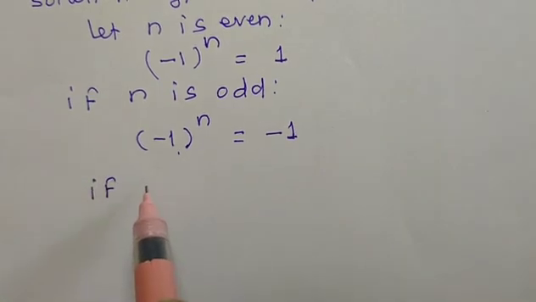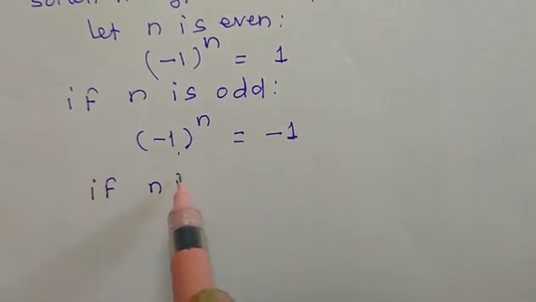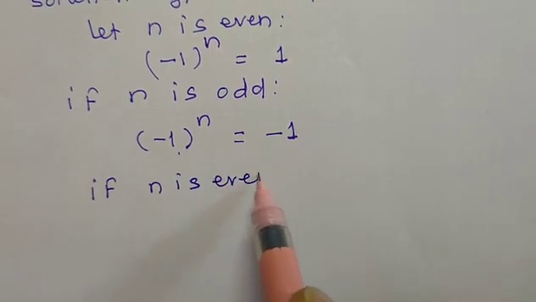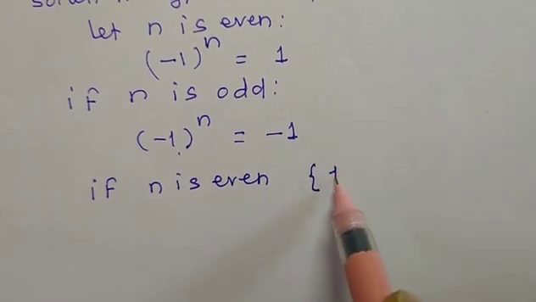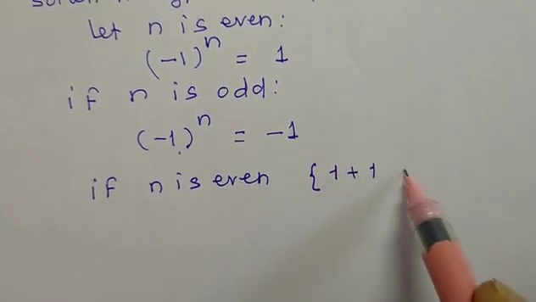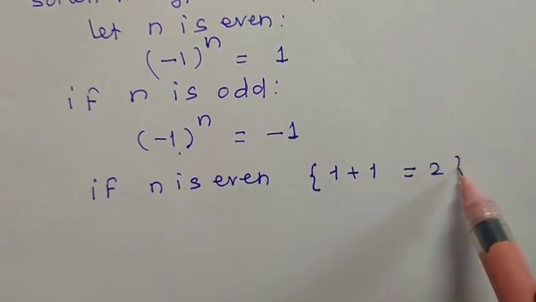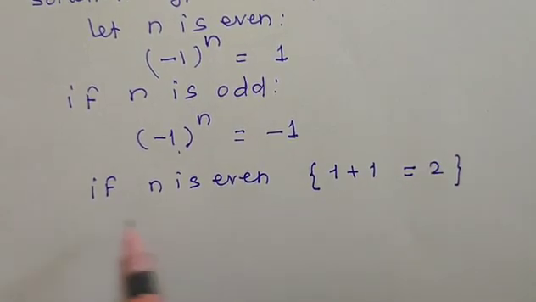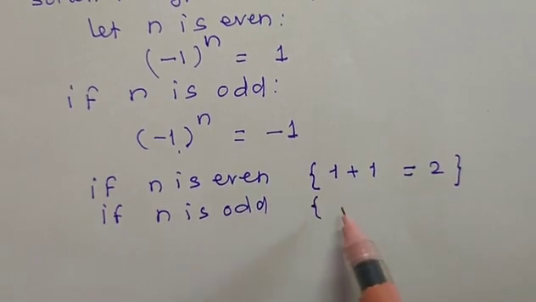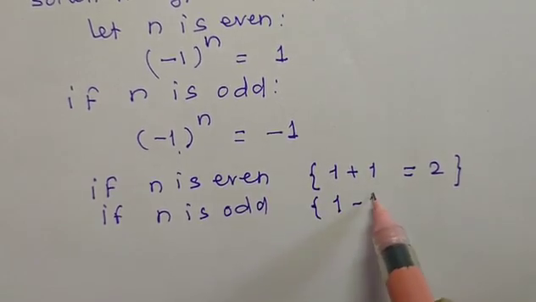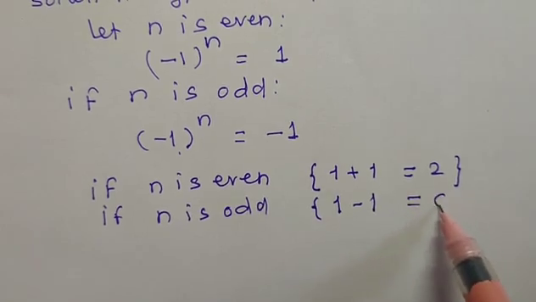If n is even, then the set will be what? 1 plus 1, that is equal to 2. If n is odd, then the set will be 1 minus 1, that is 0.